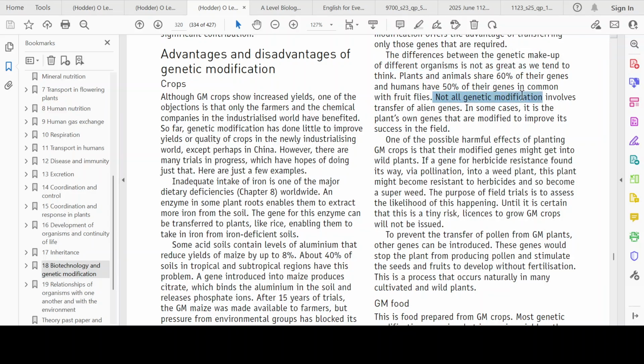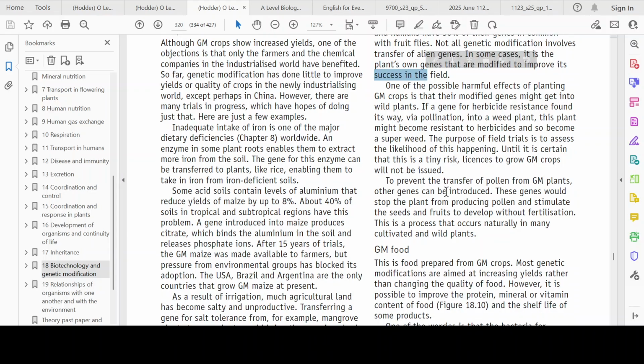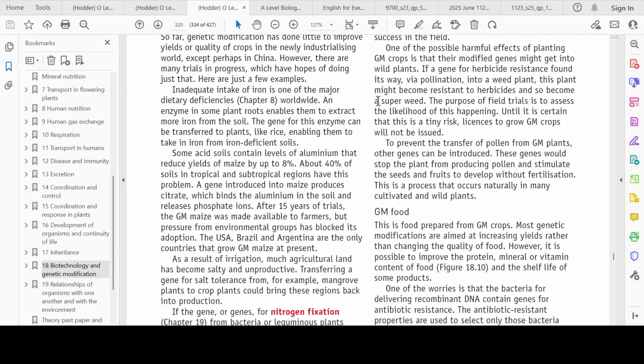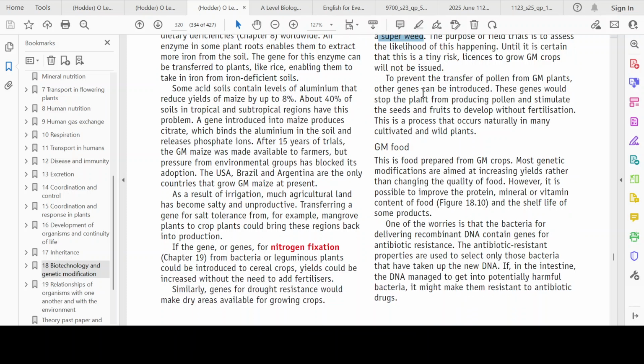And not all genetic modification involves the transfer of alien genes. In some cases, it is the plant's own genes that are modified to improve its success. I mentioned the superweed problem, so that's over here. To prevent the transfer of pollen from GM plants, other genes can be introduced. These genes would stop the plant from producing pollen, so they will not be able to naturally reproduce.